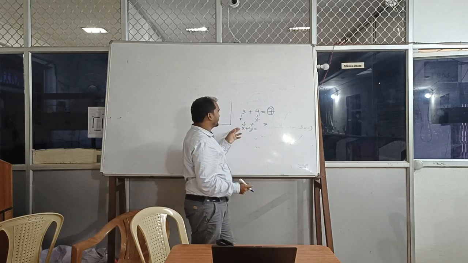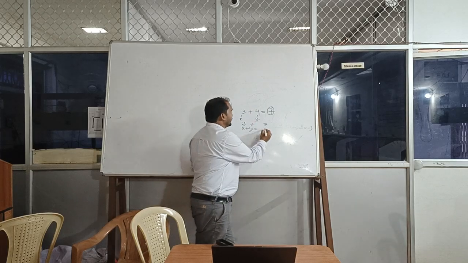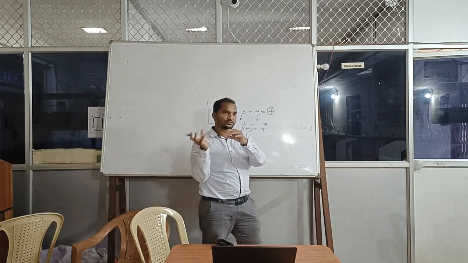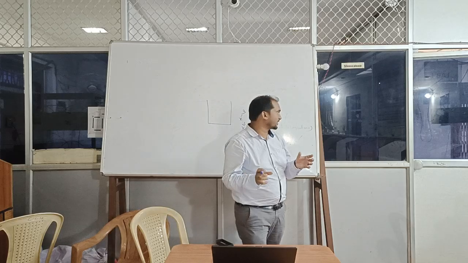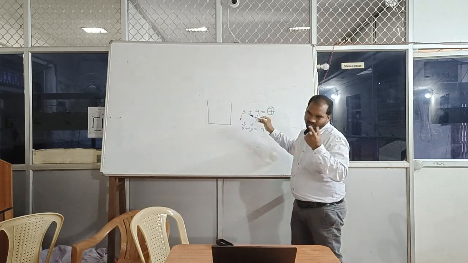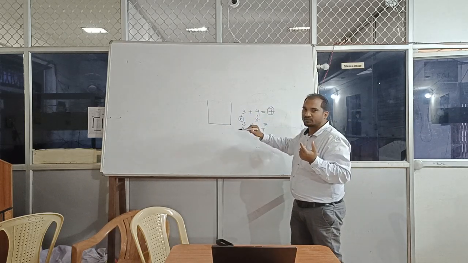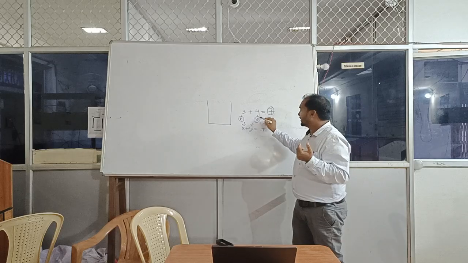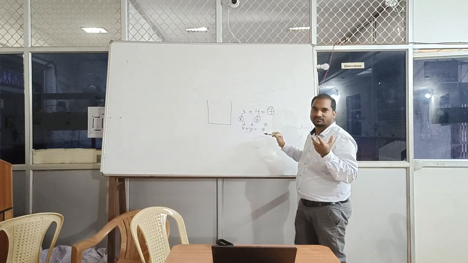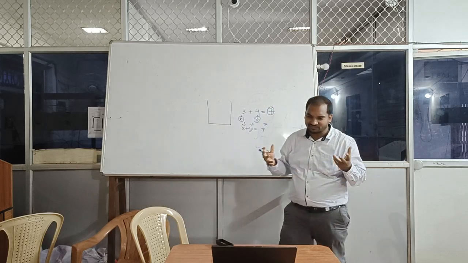That means x is equal to 3, y equal to 4, and z value will be 7. Instantly it will store. For that we are taking 3 registers. In the registers, the first value x, second value y, and the output value z. 3 plus 4 equals 7. We get it instantly.